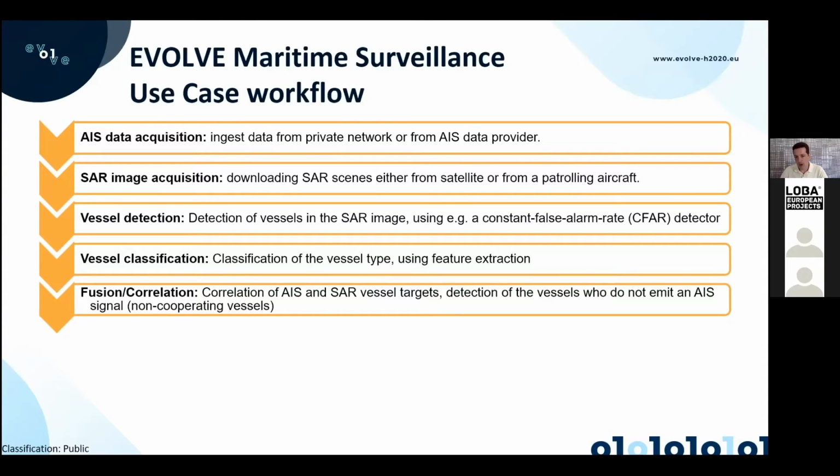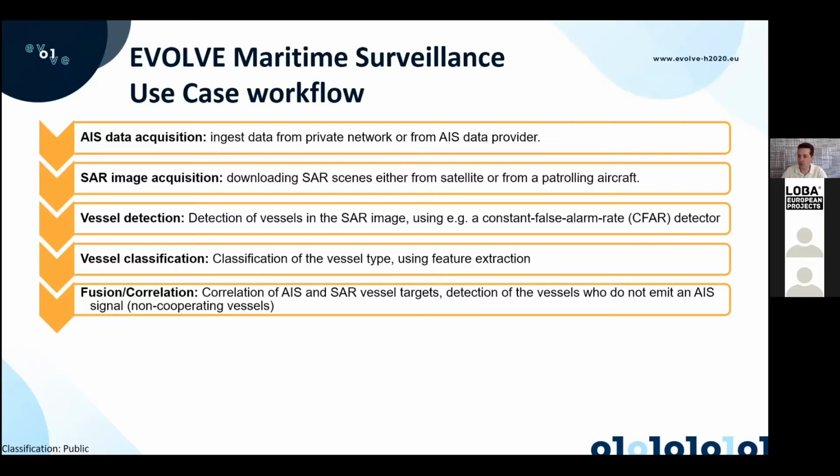Now, having these two types of data, AIS and SAR, we can combine them and try to match the vessels on the SAR image with the information we have from AIS. By this correlation, we can easily detect the vessels which are visible on the satellite image but do not emit an AIS signal.